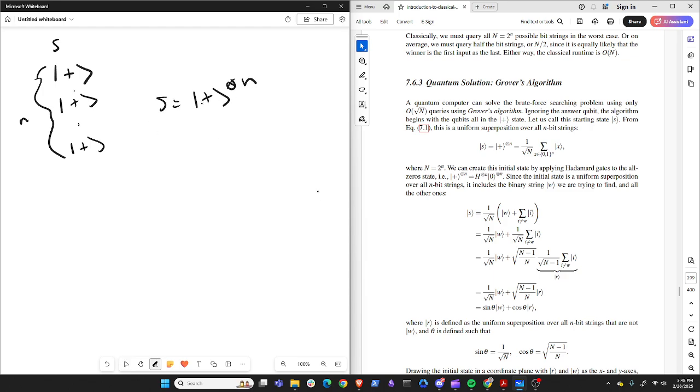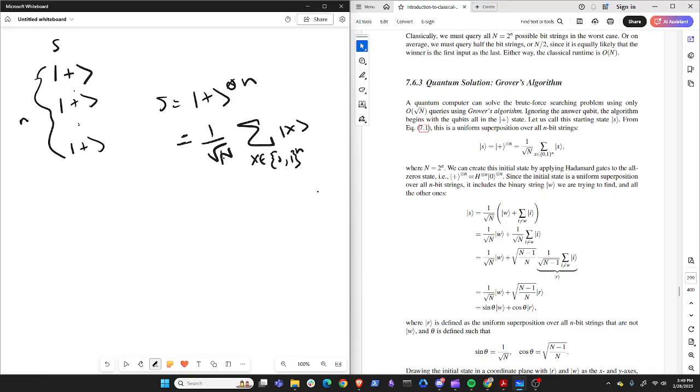This is just the tensor product of all those n pluses, which is equivalent in summation form to 1 over square root of n, sum over x of the states x, where n is 2 to the nth, right?